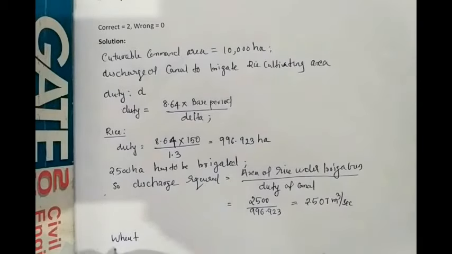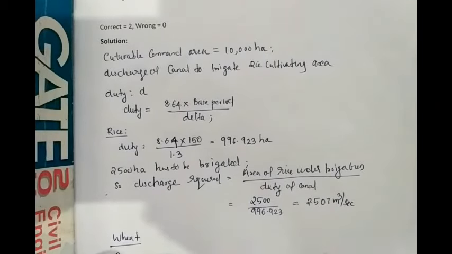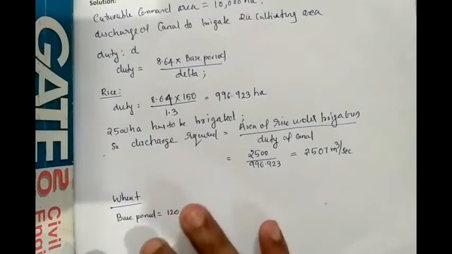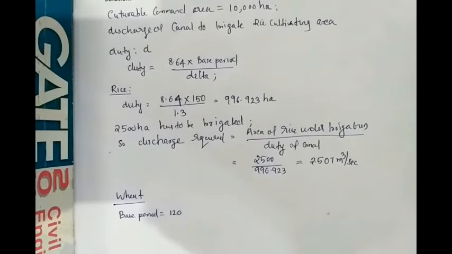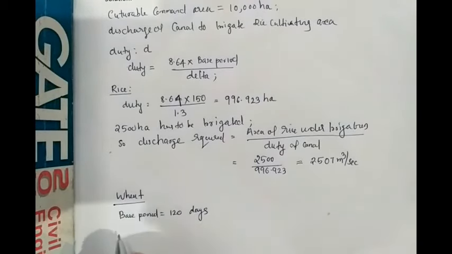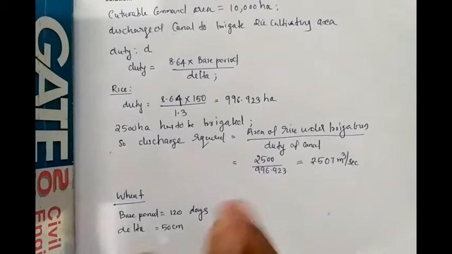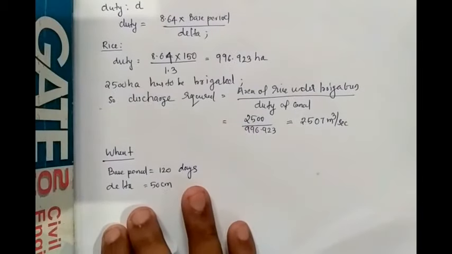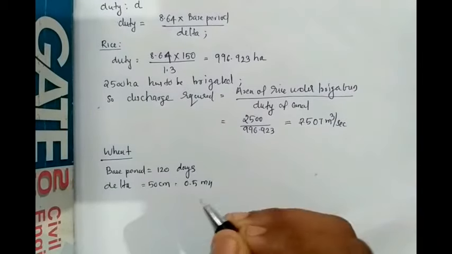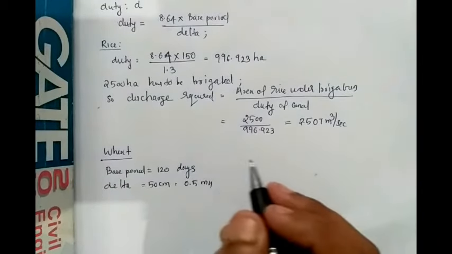The base period for wheat is given as 120 days and the delta is 50 centimeter, or 0.5 meter.